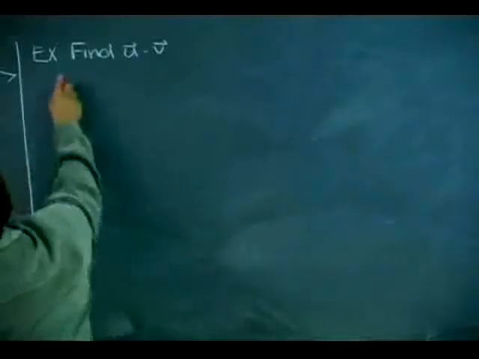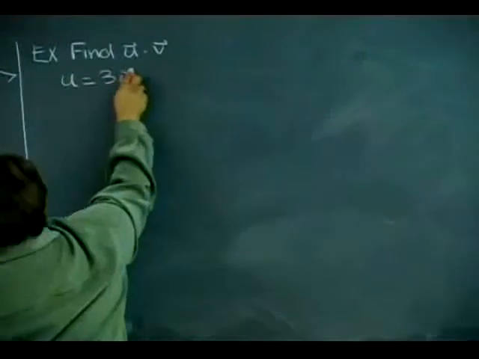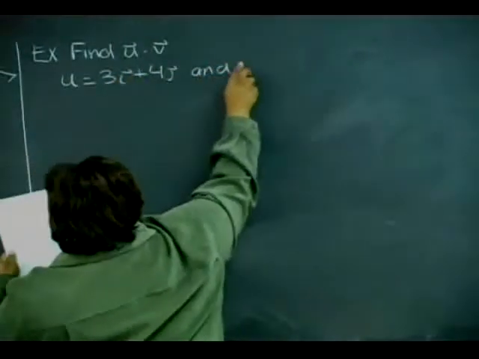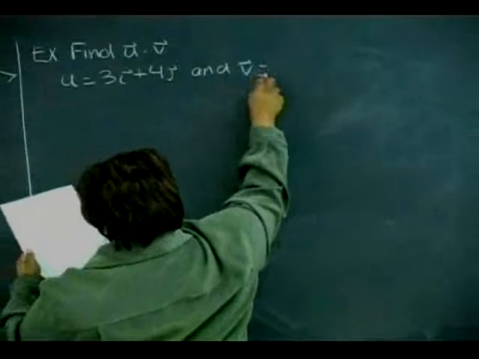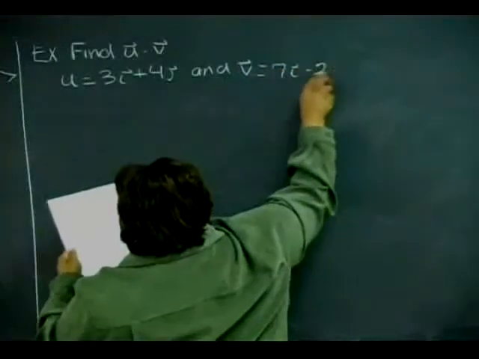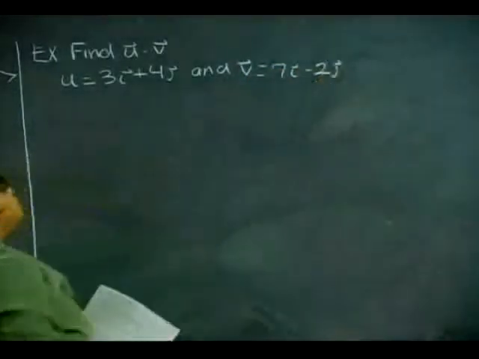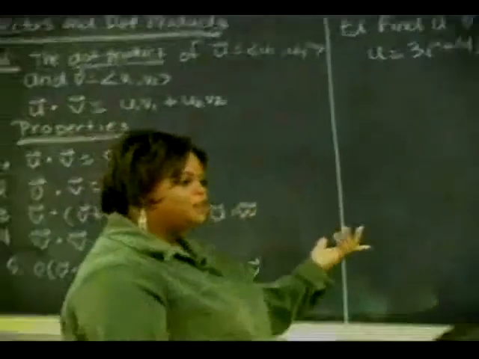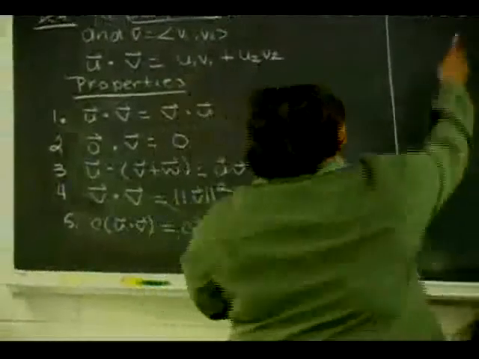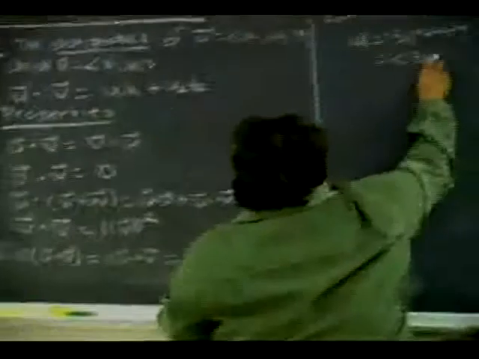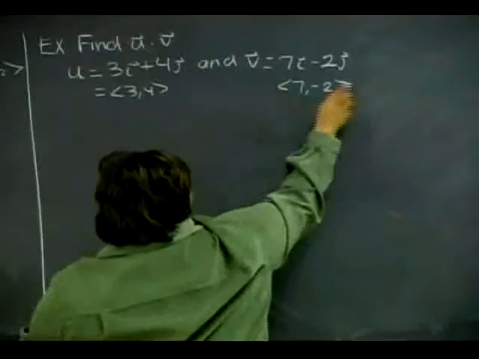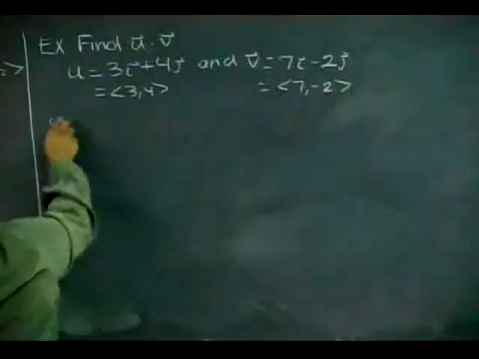Let's find u dot v if u is given to be 3i plus 4j and v is given to be 7i minus 2j. Now, this was defined based on component form, but we know that here the component form is 3, 4, and here the component form is 7, negative 2.